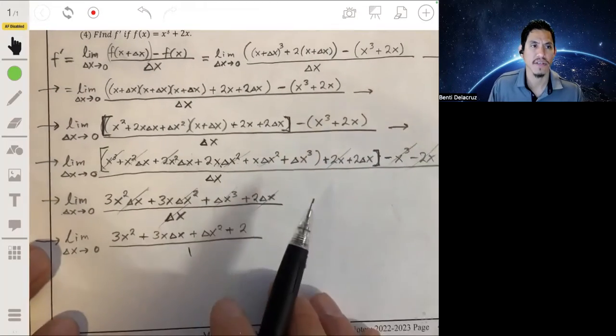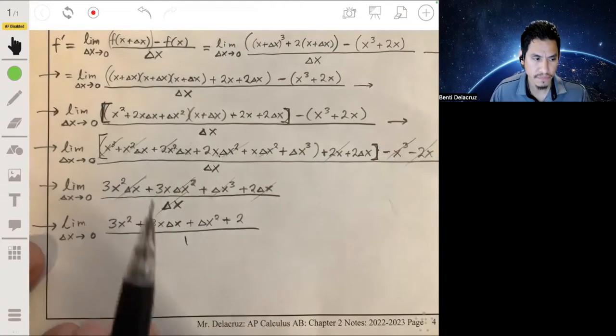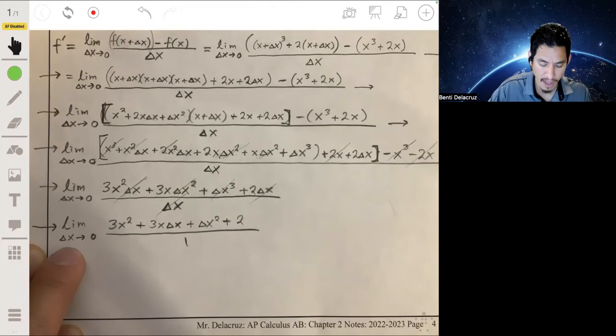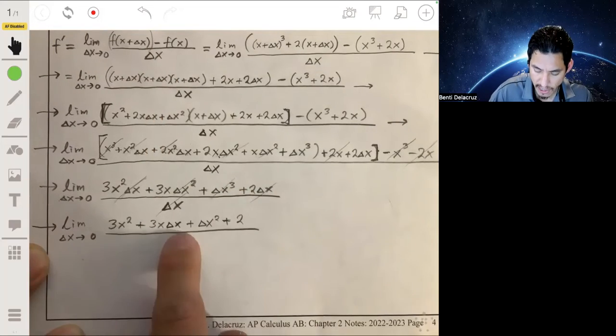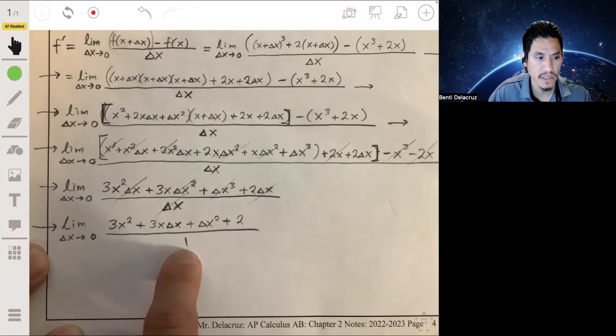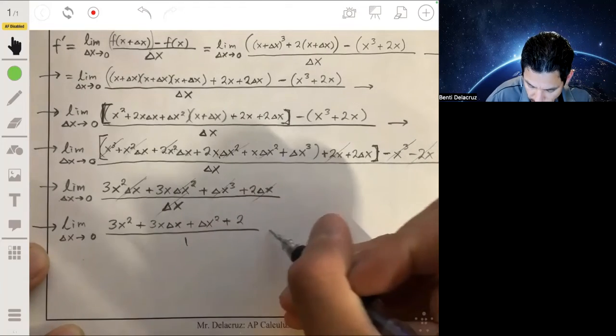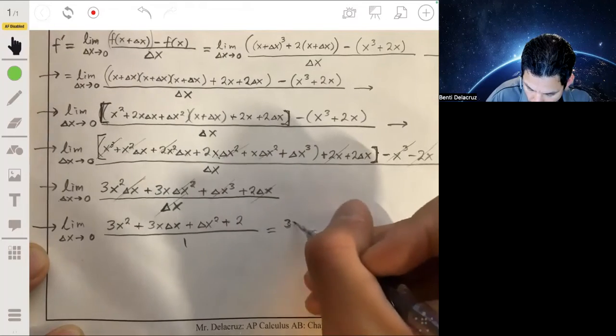Now again, let's not forget what the whole point of doing this fun math was. It's because originally we can't divide by 0, which would happen if you plug 0 in for delta x in the original equation. But now there's no delta x in the denominator. So it's okay to plug 0 into here and here. And so when you do, you're just going to get 3x squared.